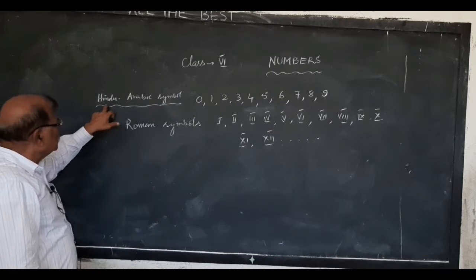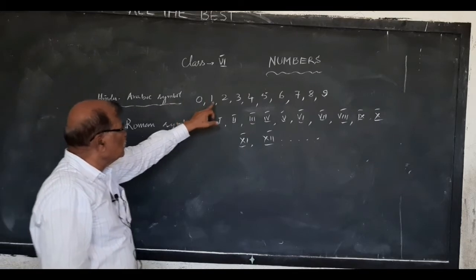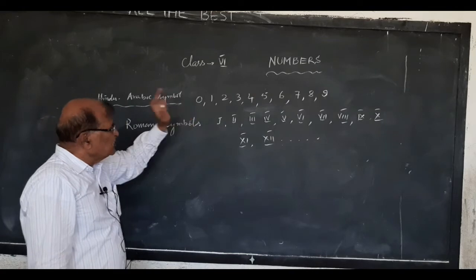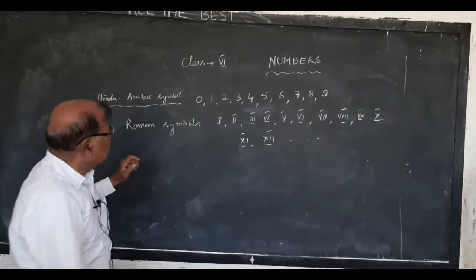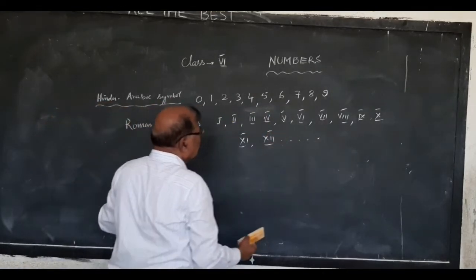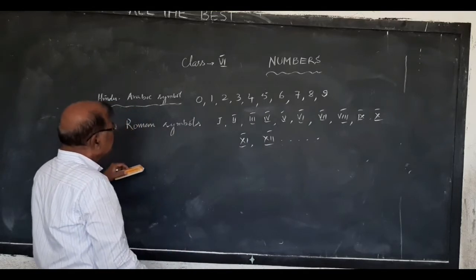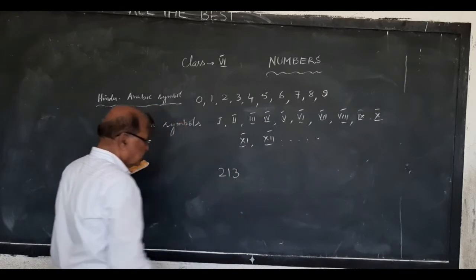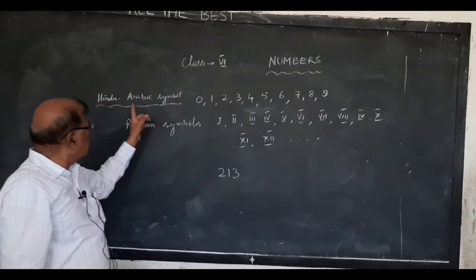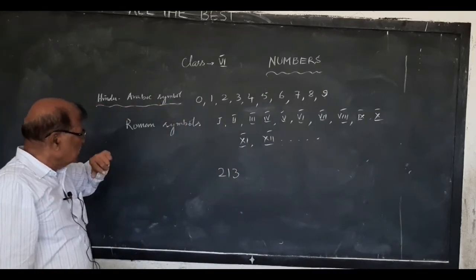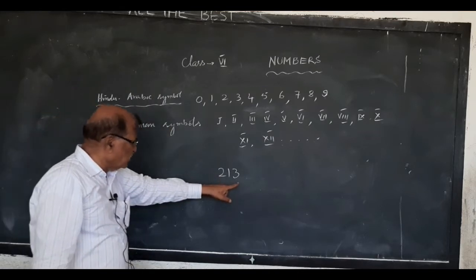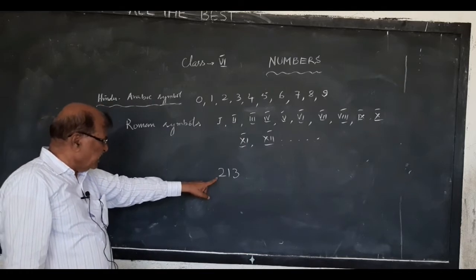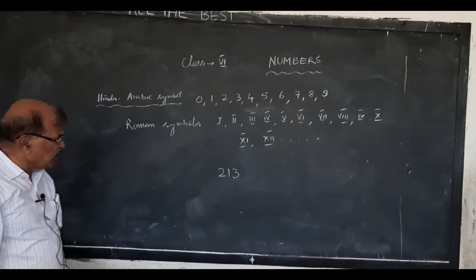The numbers which we use always are Hindu Arabic symbols, that is 0, 1, 2, 3, 4, 5 up to 9. These are called digits also. So forming a number like 213, the Indo-Arabic symbols that are used in this number are 2, 1, 3, and this can be read as 213.